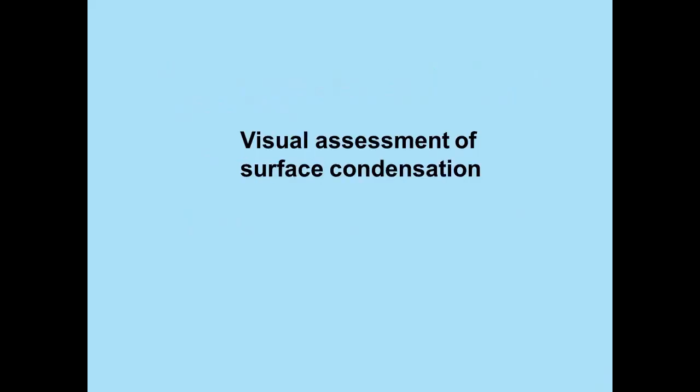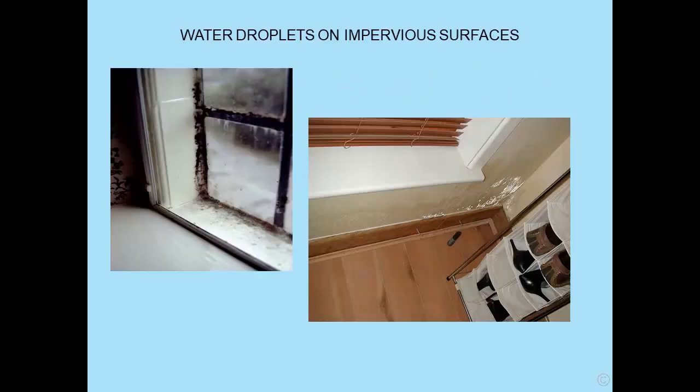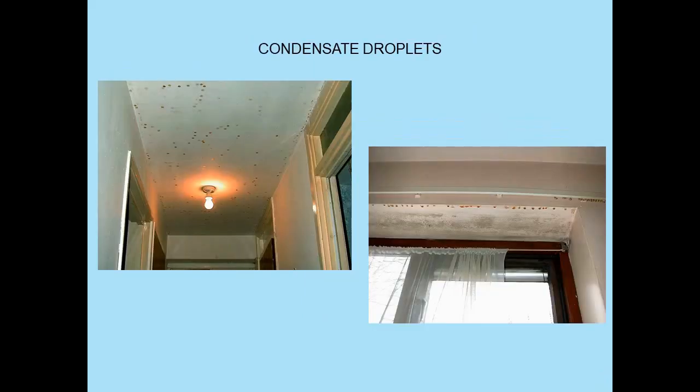So how do we visually assess surface condensation? Well, I think it's fairly obvious. Water droplets on impervious surfaces. These would include paint, glass, plastic, tiles, any impervious surface. And they're just two examples there of it occurring. And of course we can see other droplets, very evident here. One in a hall where somebody continually smokes.